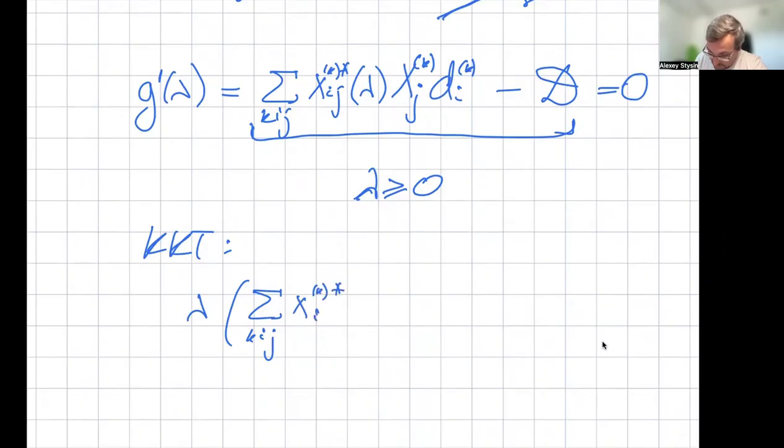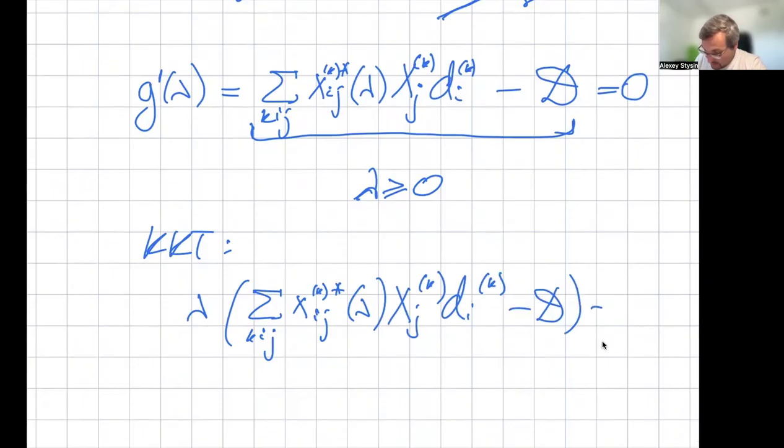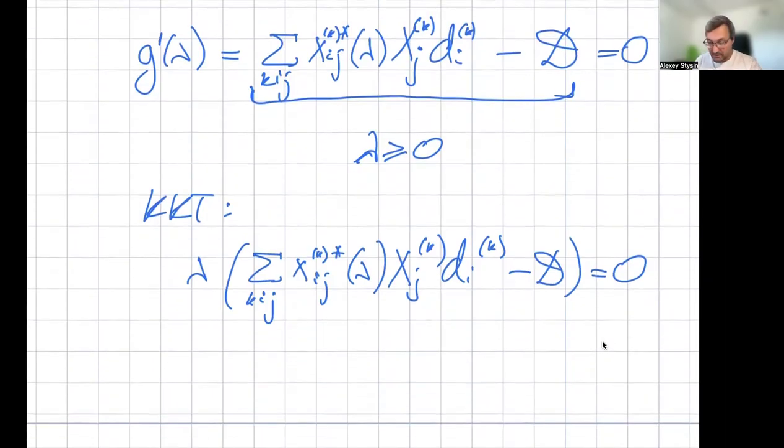K star ij of lambda x_jk d_ik minus d is 0. Really, either lambda is 0 or this constraint is 0. So essentially, we found everything that we wanted to find. This is the end of this derivation.